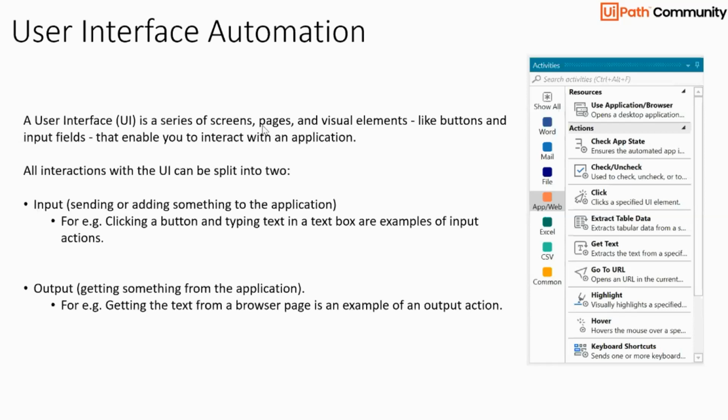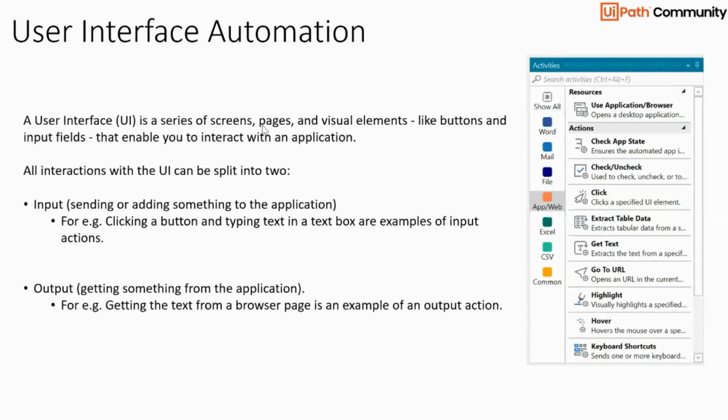All interactions in the user interface can be split into two: input and output. If you are sending or adding something to the application, it is an input scenario, whereas if you are getting something from an application, let's say data from the application itself, that is an output scenario.